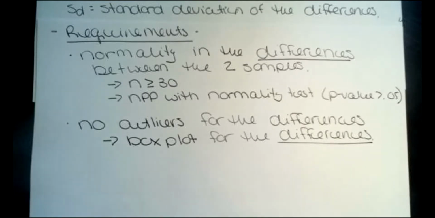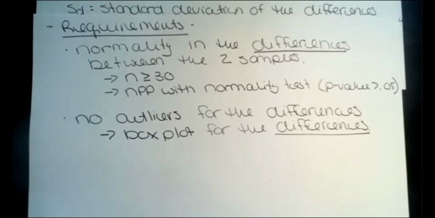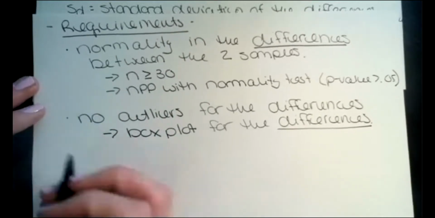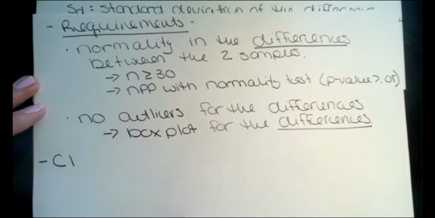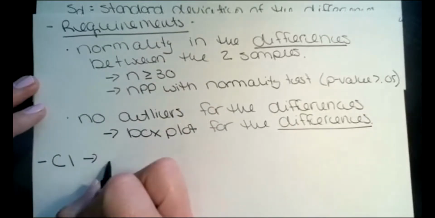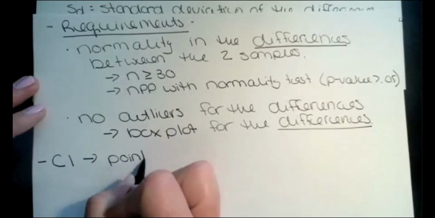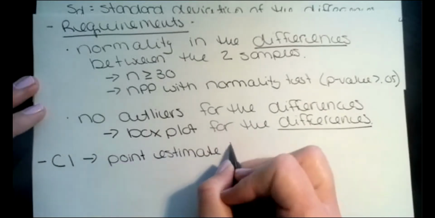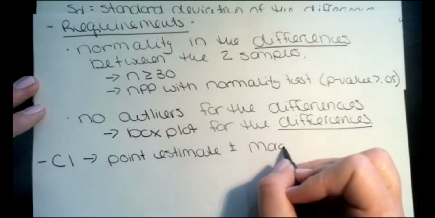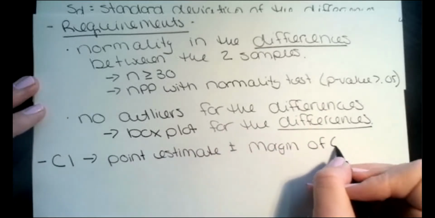Okay. So let's take a look at what we're going to see for a confidence interval and for our hypothesis test. So for our CI, remember the requirements are for both. So for a CI, as usual, we're looking at point estimate plus or minus margin of error.